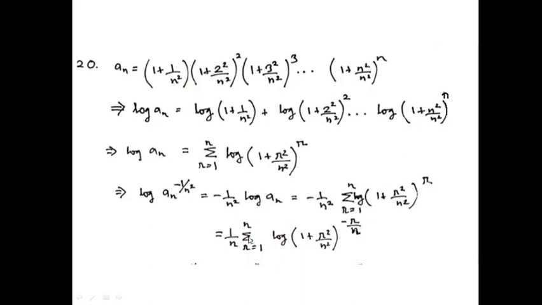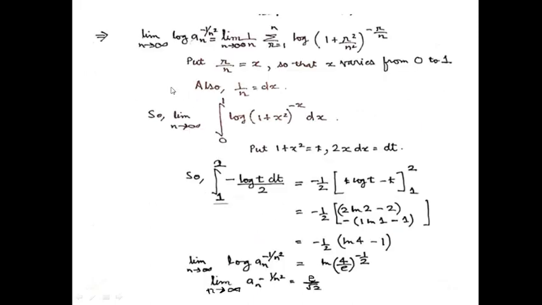Okay, and that is 1 by n, and the minus 1 by n goes to the index. See, 1 by n is left here and minus r by n is here, and log 1 plus r square by n square, r equal to 1 to n. Now we have to put the limit n tends to infinity. So the limit n tends to infinity is 1 by n summation r equal to 1 to n of log 1 plus r square by n square, minus r by n.